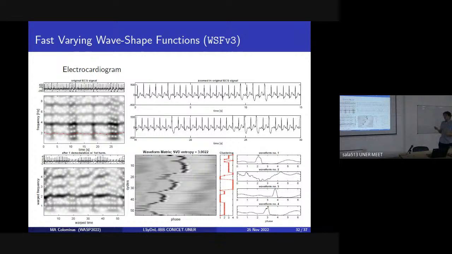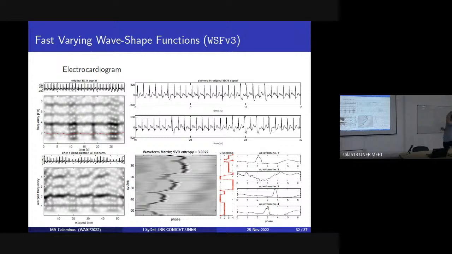Here what we do is we segment the signal, but we do it with the phase. The problem you have here is that to detect the phase, you have the limit of the windows.